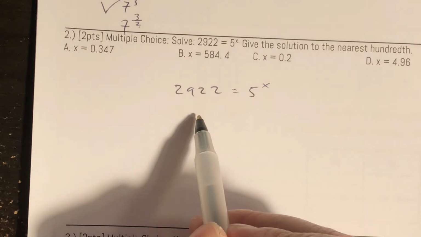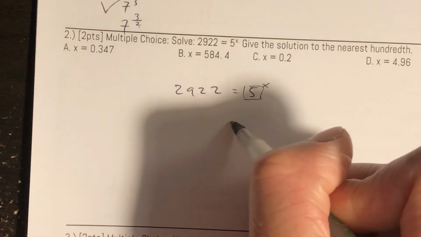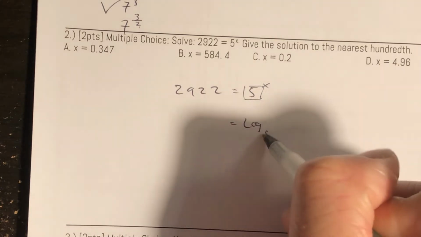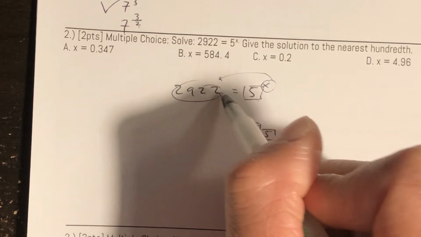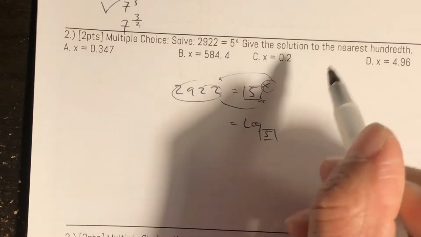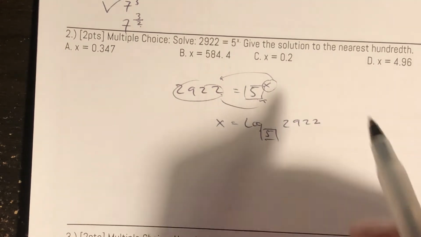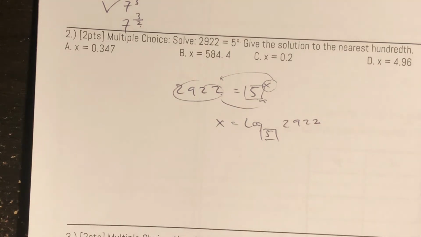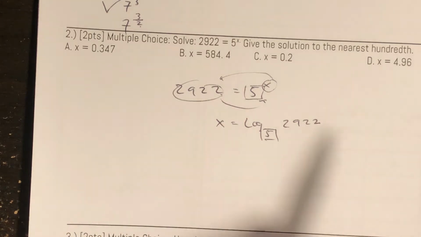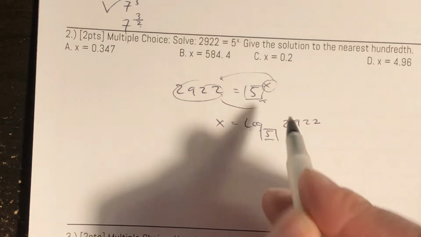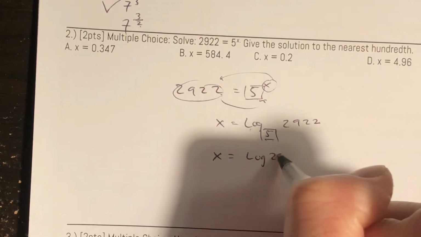Here I have exponential form, and then I can turn this into log form. My base here becomes the base of my log, and I'm going to switch these. So now I have x equals log base 5 of 2092. So now I can change the base.